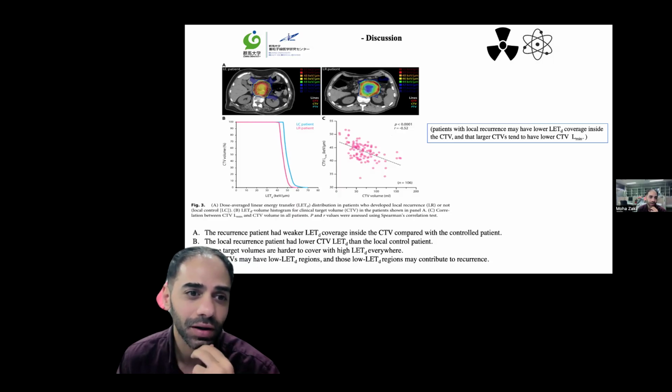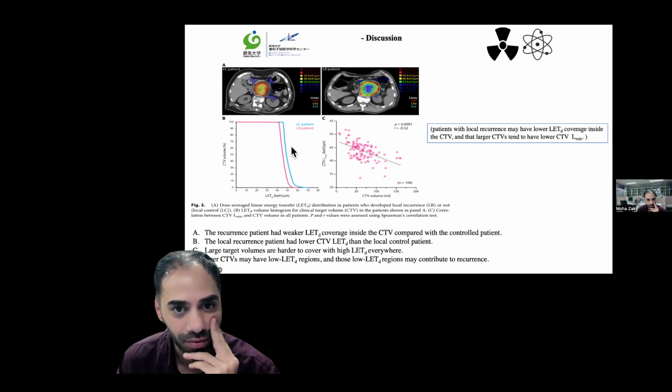This is why the curve dropped earlier here than the local control patients.